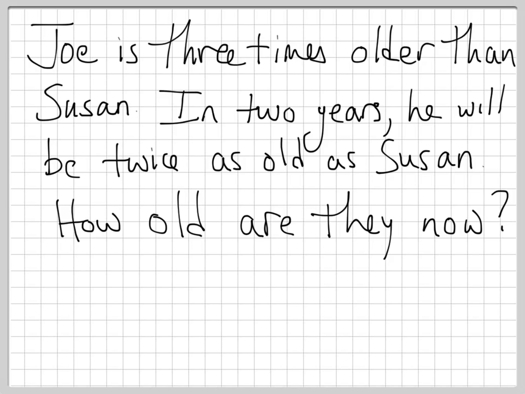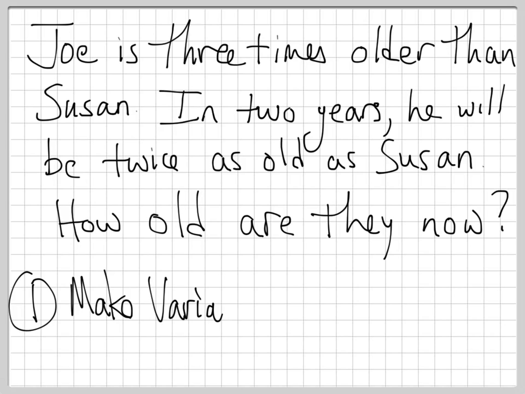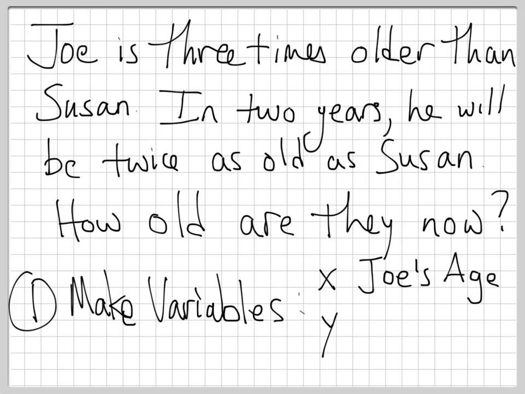But before we even get started, we need variables. So remember, step 1 is always make variables. So x is going to be Joe's age, and y will be Susan's age.